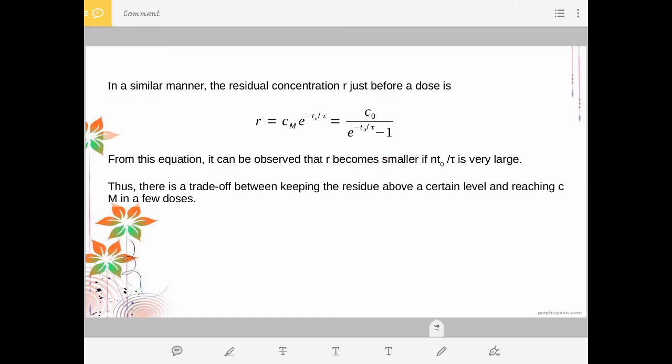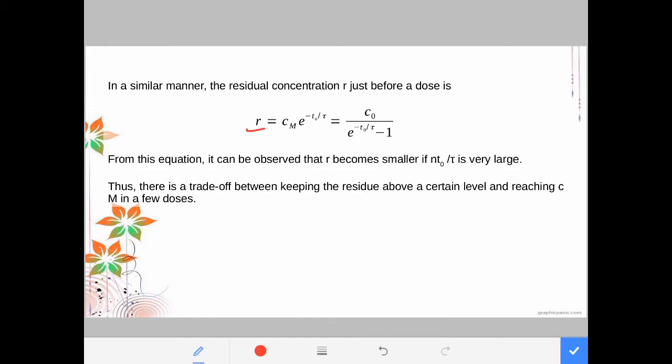From this equation, if we analyze it, R can now be an estimate of the residual concentration after every dose. So no need to get R1, R2, R3, R4. We'll just use R for almost every dose after, say, the third dose. Our residual concentration, the amount of drug left in the system, becomes smaller if we have a very large value of T over tau.